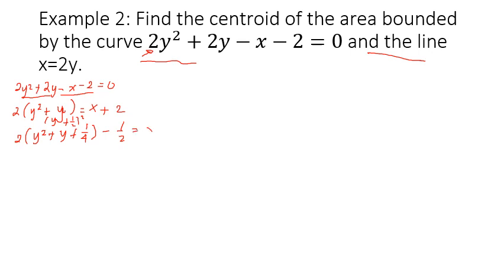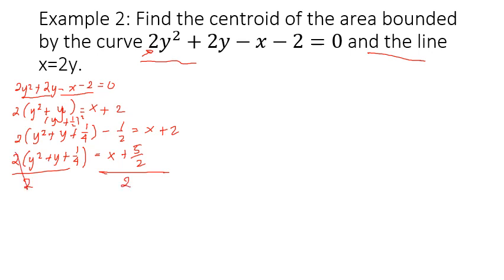So this is equal to x plus 2. So now I will have 2 times y squared plus y plus 1/4. Then transpose 1/2 to the other side. So I have x plus 2 plus 1/2, which is equal to 5/2. Then divide both sides by 2.